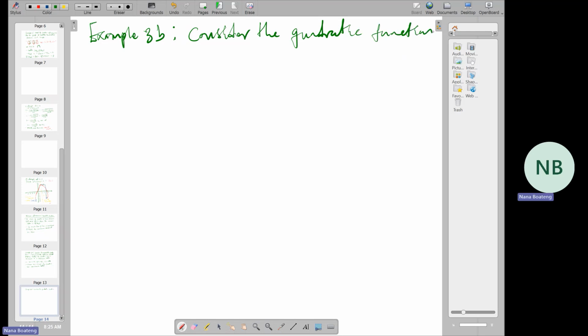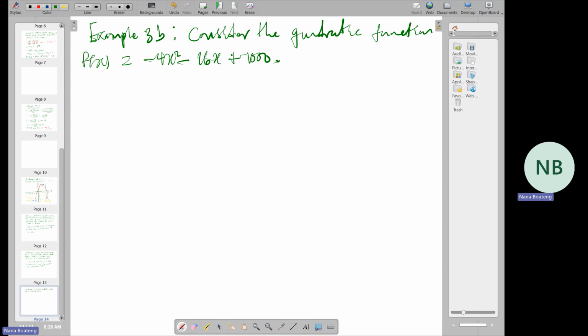Consider the quadratic function f of x is equal to negative 4x squared minus 16x plus 1000.